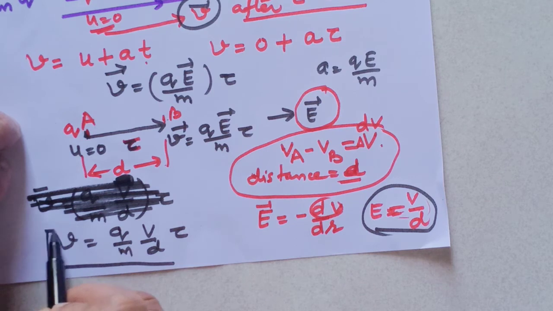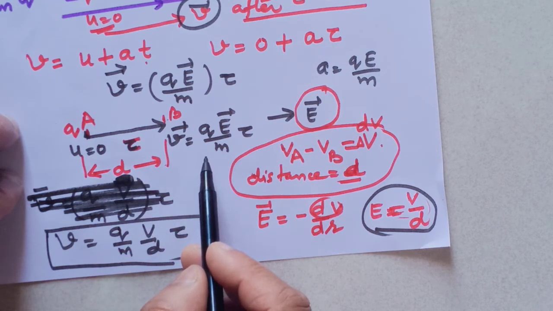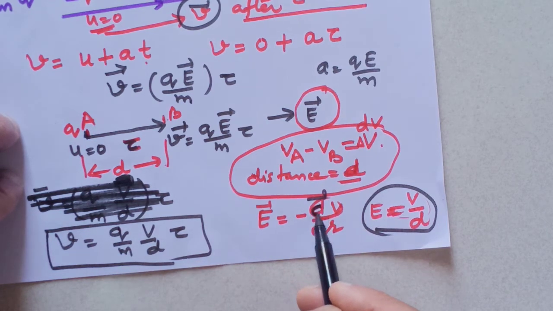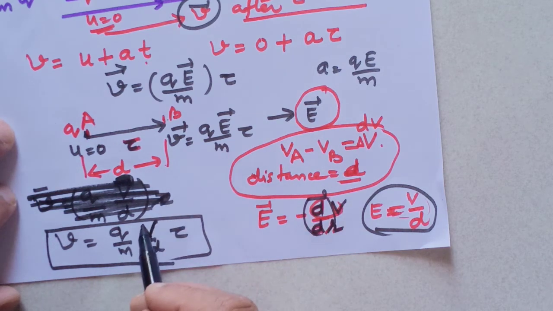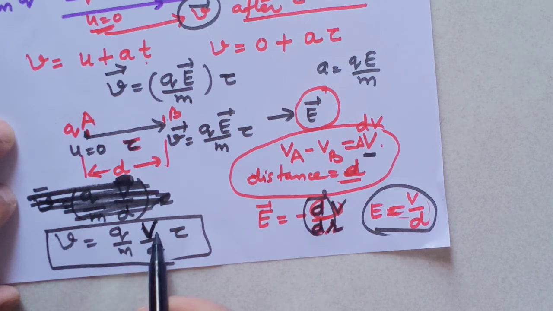Here V is the potential difference and v is the velocity.